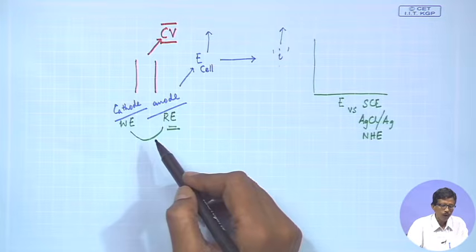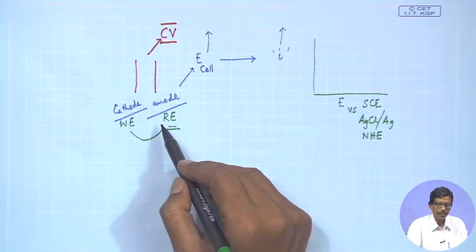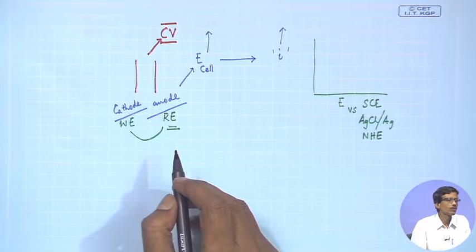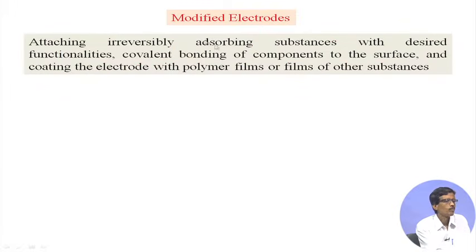We have to have something, that means we can bring another electrode or some other arrangement, that we will see. Before seeing all these things, we can see how we can modify these electrodes for your cyclic voltammetric measurements.